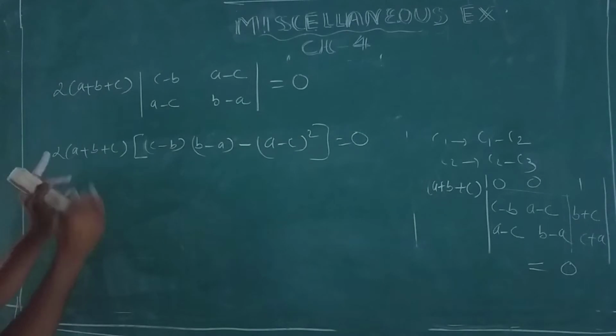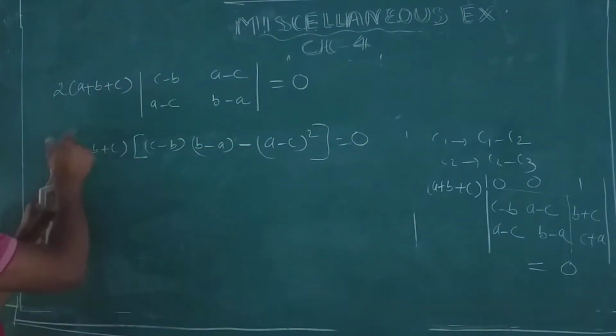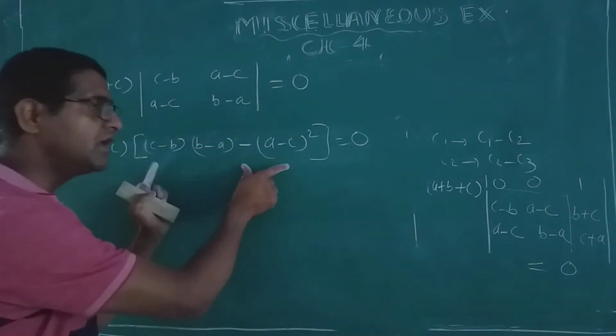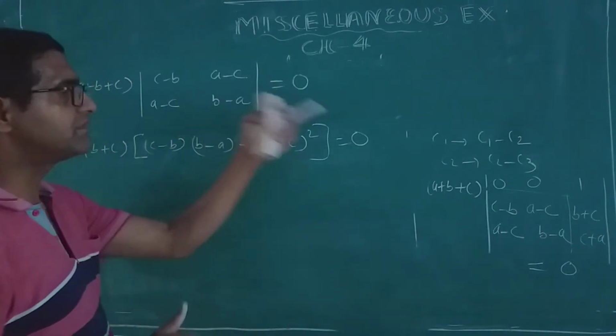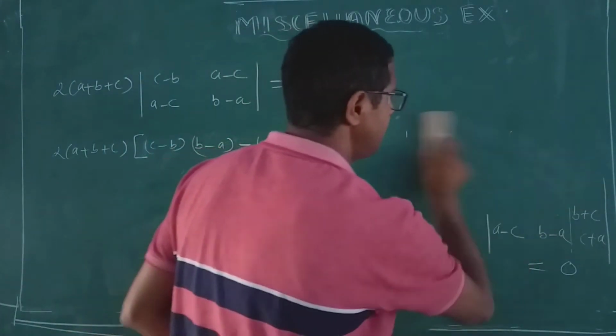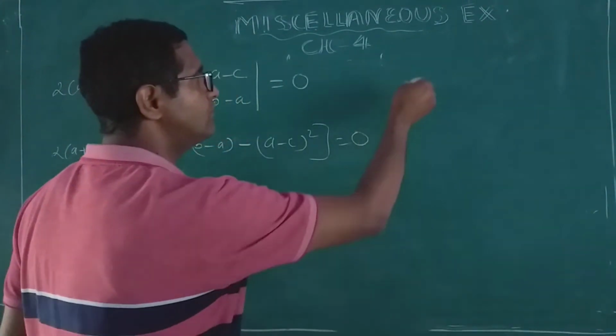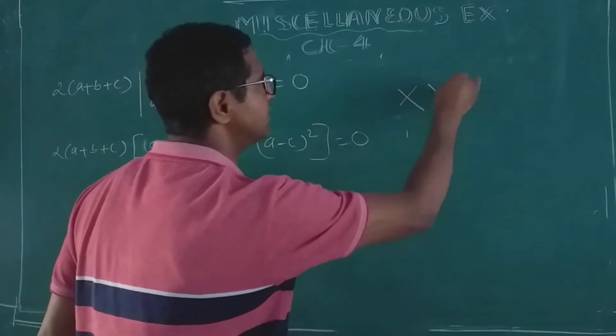Since the product of these two is 0, it means the first part may be 0 or the second part, which is inside the bracket, may be 0. Therefore, their product will be 0. For example, let us say I have two variables x and y.